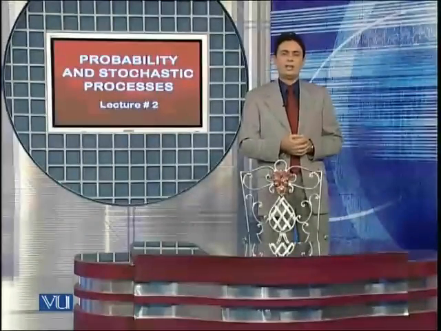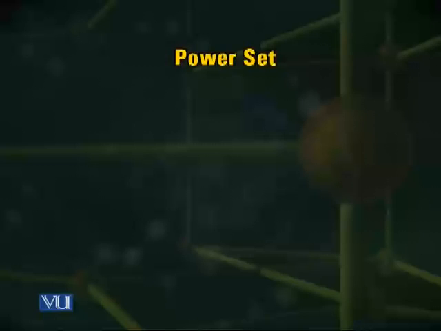After the Venn diagram, let's move on to the next topic, which is power set. Power set is a special set related to a given set in this way that power set contains sets. It contains all possible subsets of a given set.